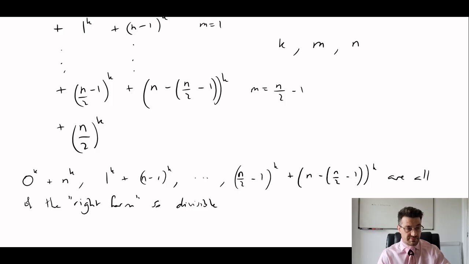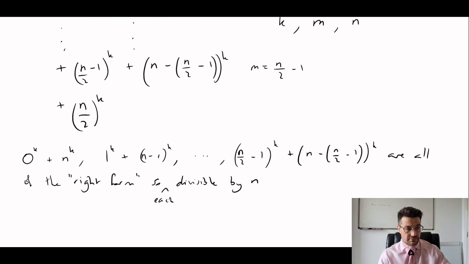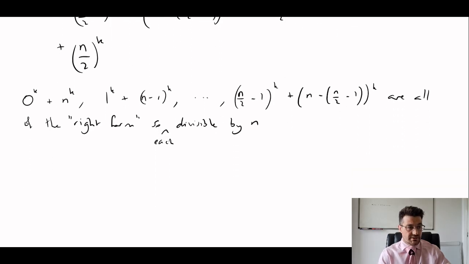Each is divisible by n. And also, therefore, each divisible by n over 2. Remember that n is an even number. So if n is an even number, n is divisible by 2.